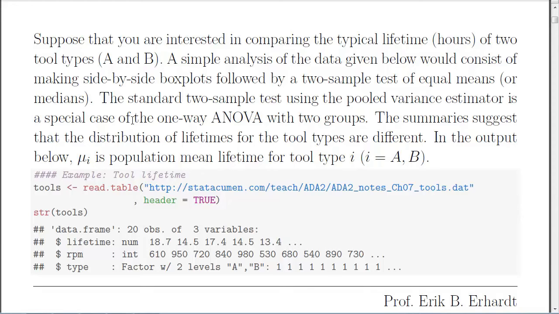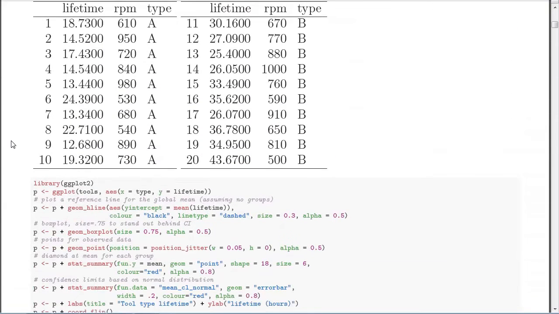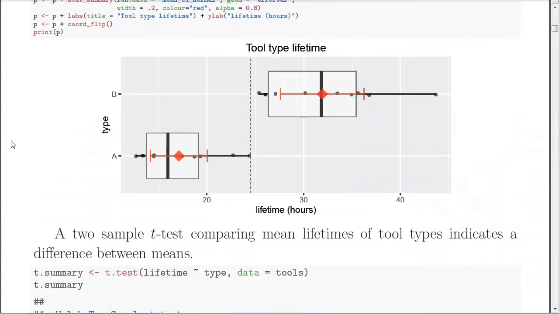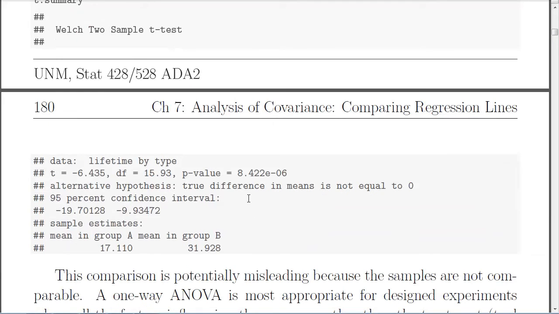If we were to do a simple one-way ANOVA of that tool, and so there's the data, if we plot it just as we've got the lifetime of the tool, we've got tool A, which seems to have a short lifetime, and tool B, which has a much longer lifetime, about twice as long, and we do a t-test of that, we find that there's a big difference, obviously. Okay, significant p-value. The observed difference is about 15 or 16 or so.